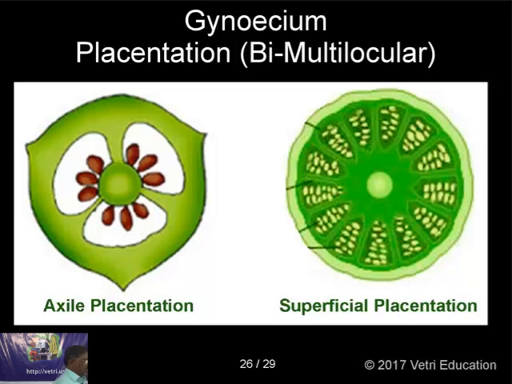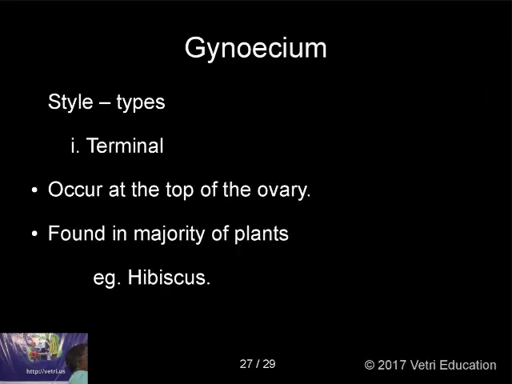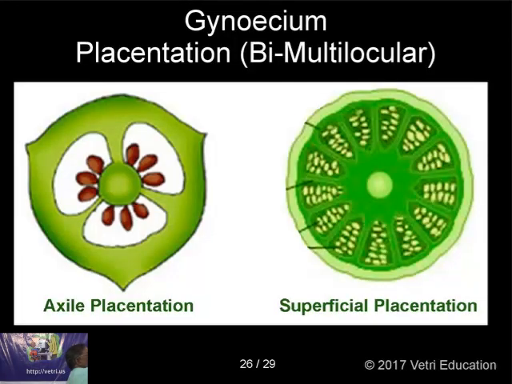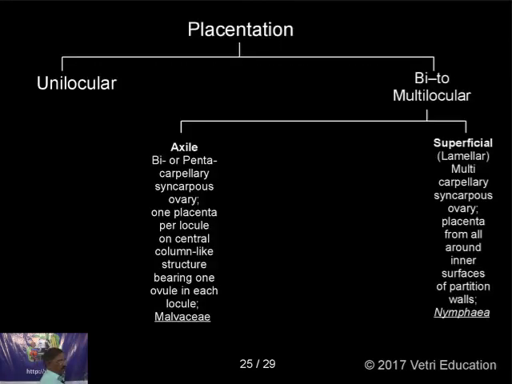This is called superficial placentation. You can find superficial placentation in Nymphaea, and axial placentation in a number of families like Malvaceae, Solanaceae and Euphorbiaceae.